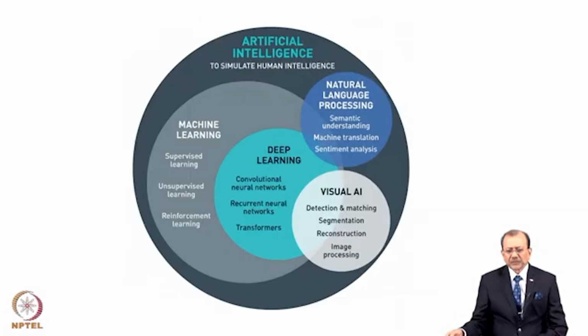As you are seeing in this picture, artificial intelligence is an umbrella technology, and it has given birth to many technologies such as machine learning, natural language processing (NLP), and deep learning. Today we are going to discuss computer vision, which we sometimes call, in its extended version, visual AI, which I will explain.